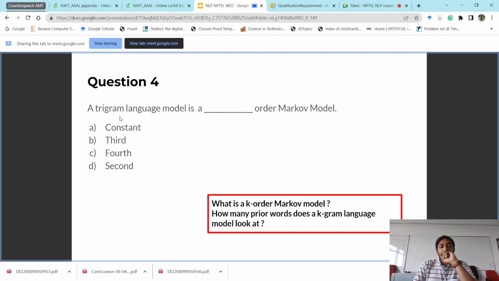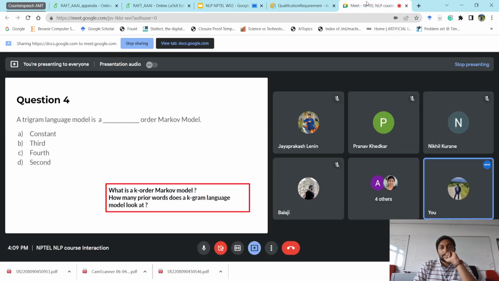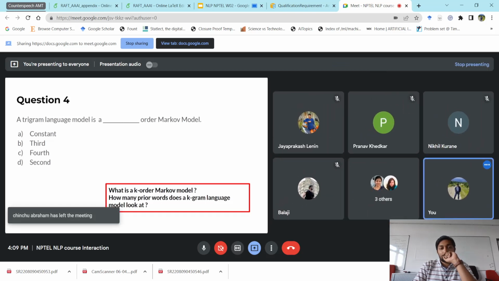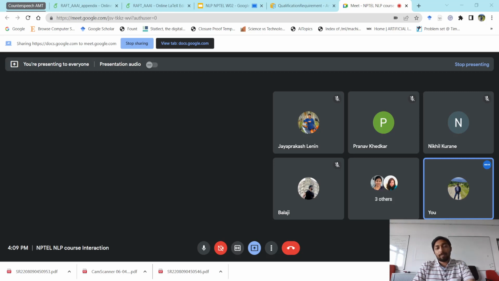So a language model, what is a language model? Can someone tell?